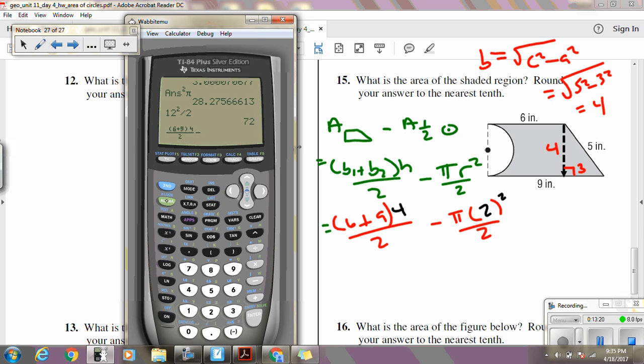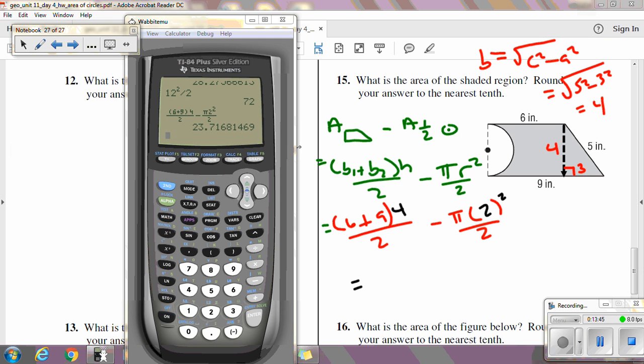Minus alpha y equals 1 pi 2 squared over 2. Now hit enter. To the nearest tenth, the area would be about 23.7 inches squared.